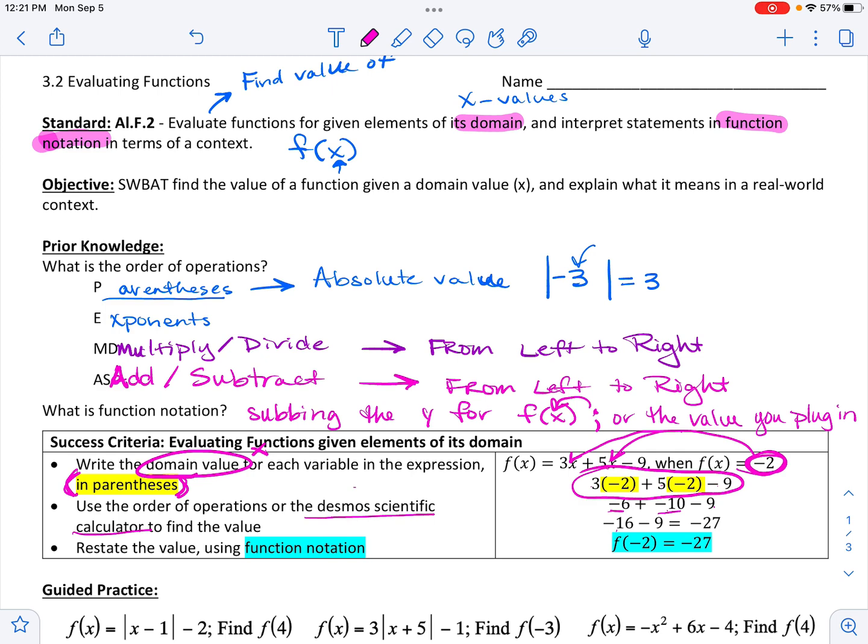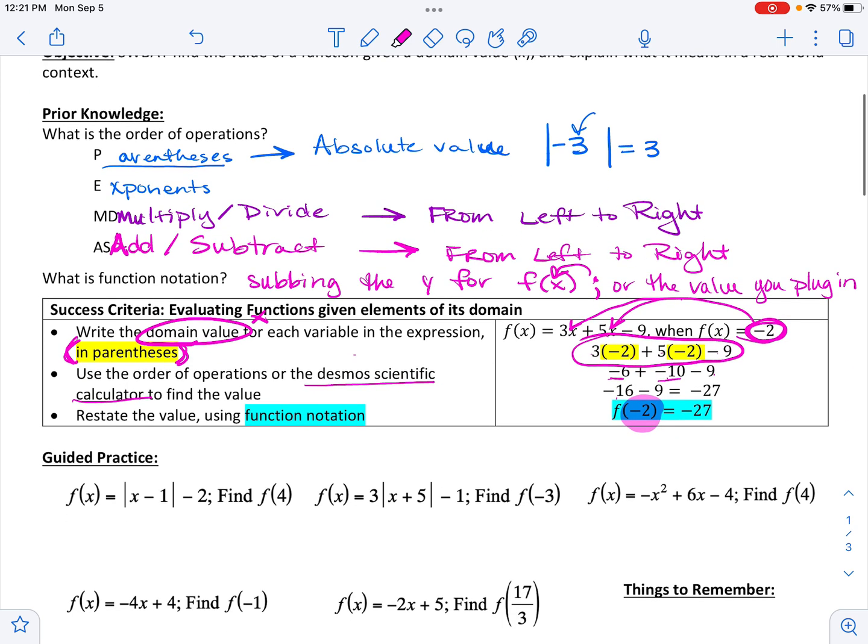Please notice that when I rewrote the value using function notation, my -2 replaced the x. This is saying the function of -2 is equal to -27.